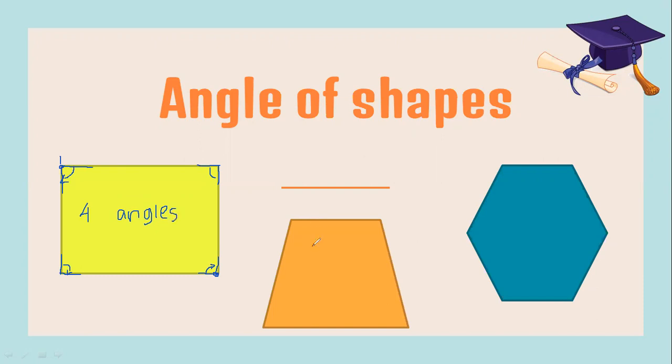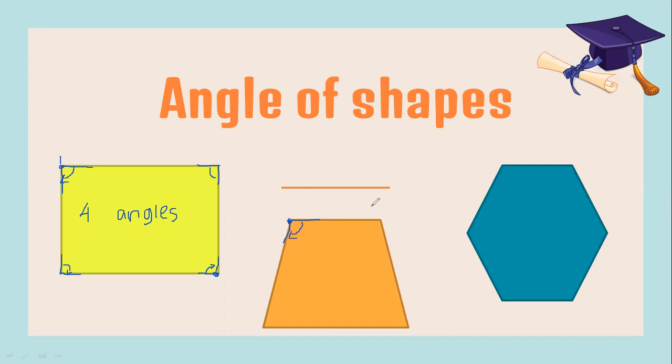How about this one? The concept is the same. When you find two lines that meet at a point, that is an angle. So let's say this is a line, and I have another line here, and they meet at this point. So this makes an angle.